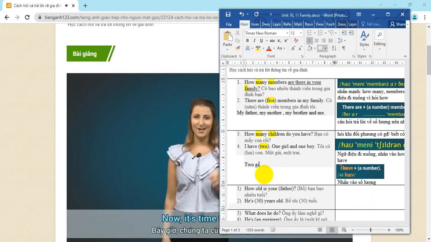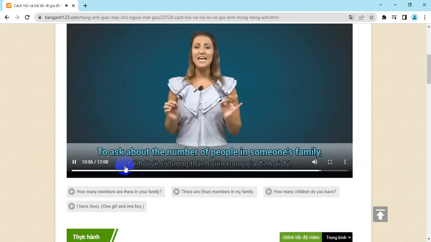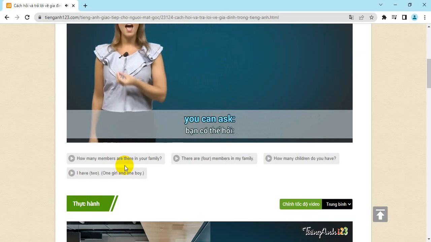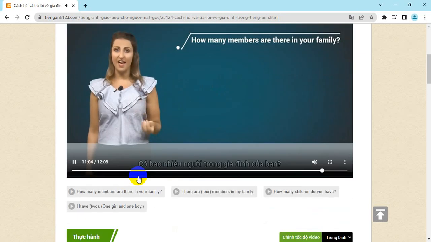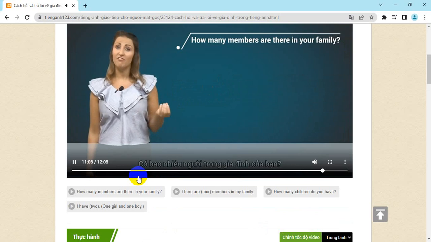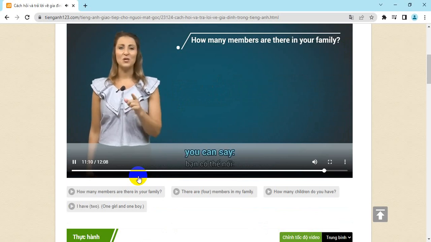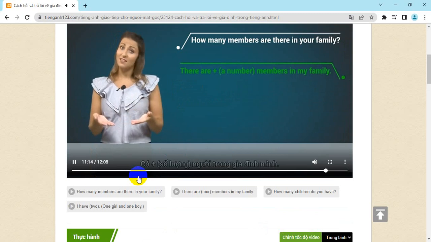Now, it's time to review. To ask about the number of people in someone's family, you can ask, how many members are there in your family? To answer this question, you can say, there are plus a number.